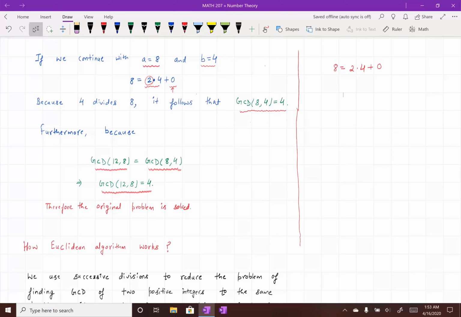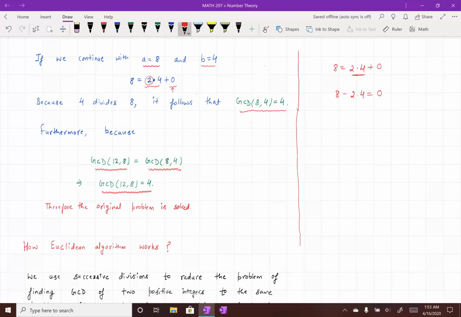Another observation you could have made from this expression, 8 is equal to 2 times 4 plus 0, is that if you take this 2 times 4 to the left side, you can write that 8 minus 2 times 4 is equal to 0.